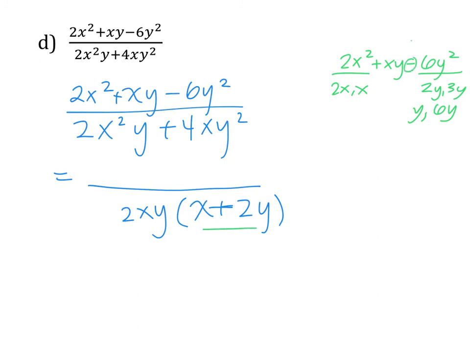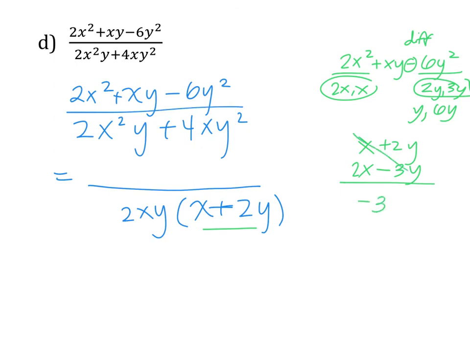And they're going to have different signs, and I'm looking for a difference. So I'm going to use whatever will give me x plus 2y. So we have x plus 2y. And since they're different signs, the other one's going to be negative. I'm going to use whatever's left. So I'm left with 2x minus 3y. I'll check these to see if it's correct.